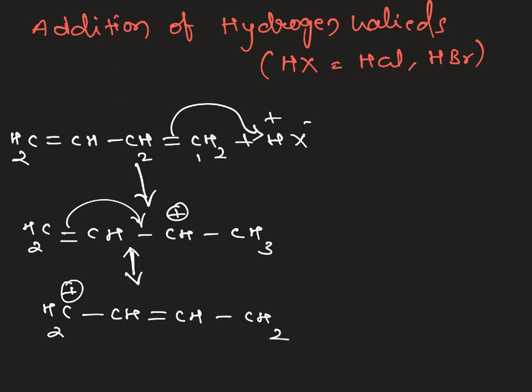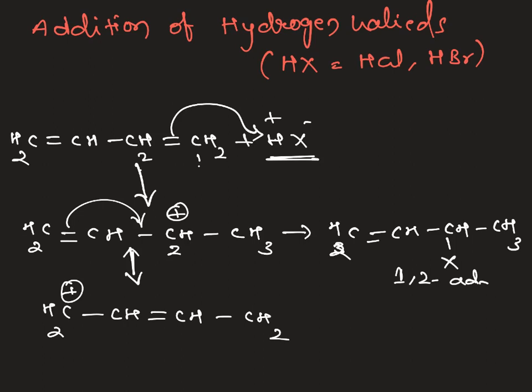If X minus comes and attacks at the second carbon, we get CH3, CH2, CH, CH2X and CH3. So hydrogen halide is added at the 1,2 position. This we call the 1,2 addition reaction.